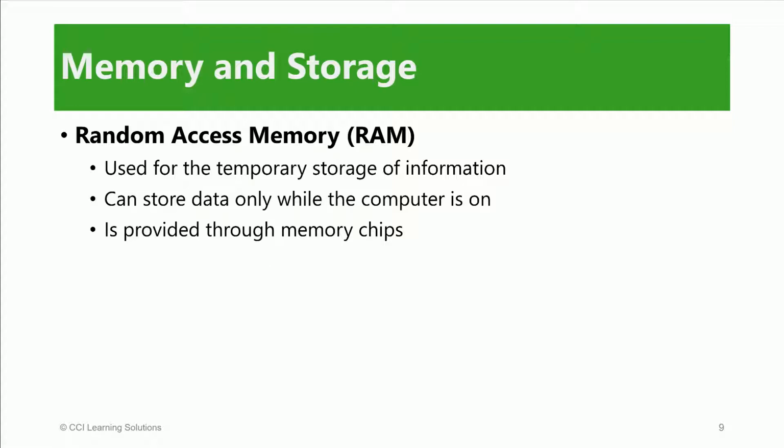Memory and storage. Random access memory, also known as RAM, is used for the temporary storage of information, and it can store data only while the computer is running. It's provided through the memory chips.